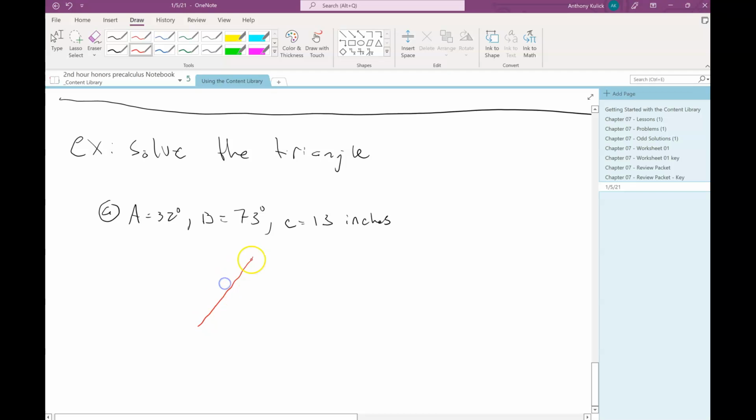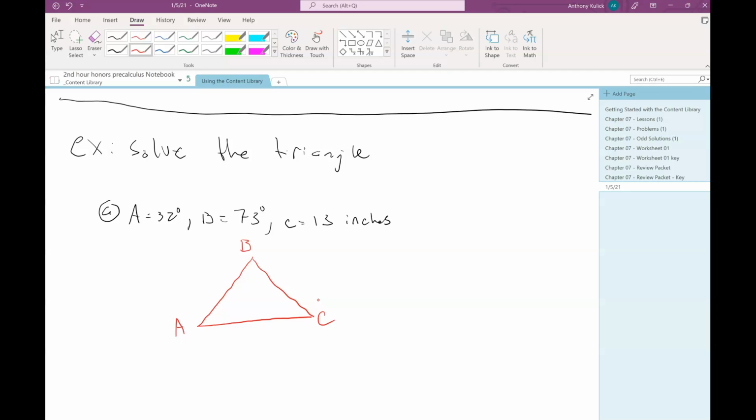And when we draw and label our picture, I don't care a hill of beans about the scale, but the labeling that I'm doing definitely matters. So I'm going to label my 3 angles as A, B, and C. And now I'm going to label my side lengths so that they correspond to my angles.